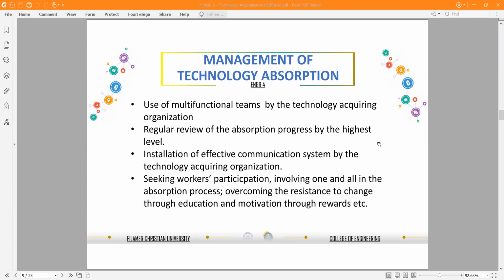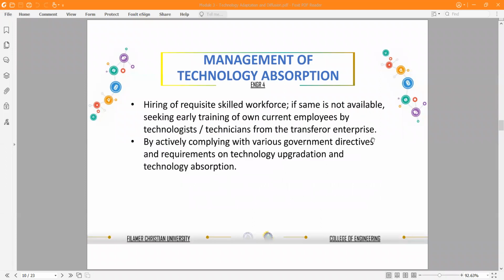So this overcoming the resistance to change through education and motivation through rewards. Yan, so may mga perks dira, rewards, perks. So sa cellphone load lang bala. Yan. Else. Yan, so hiring of requisite skilled workforce.